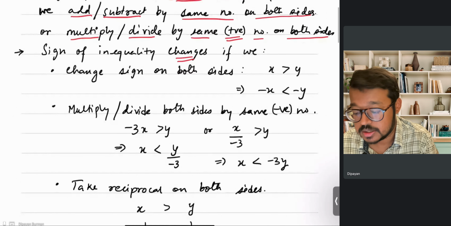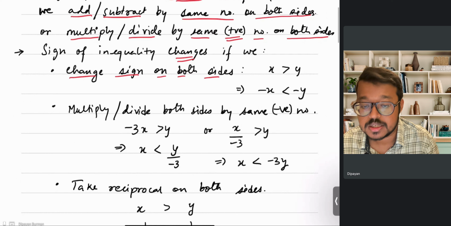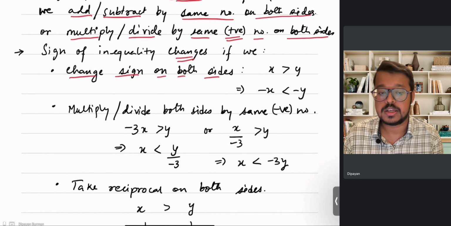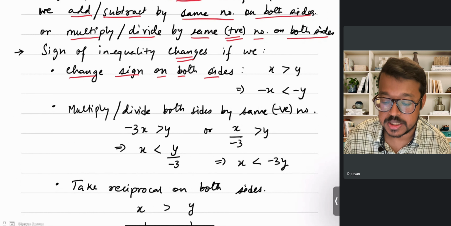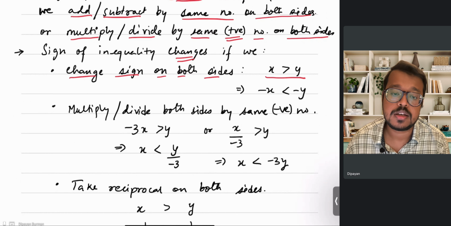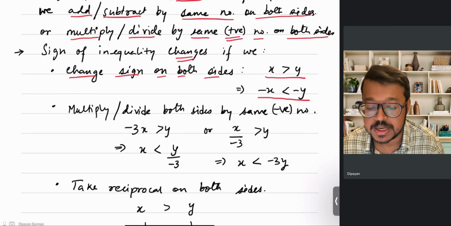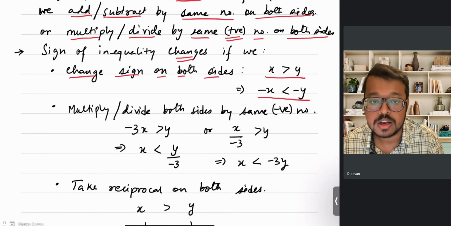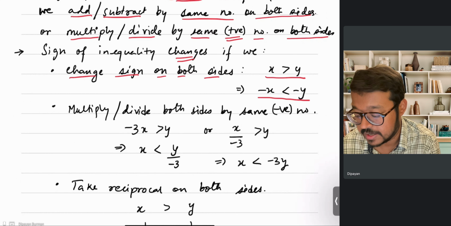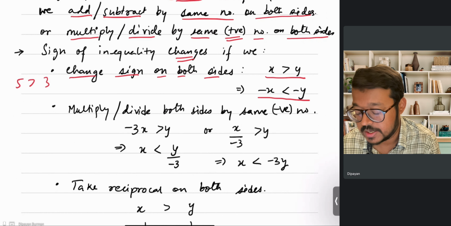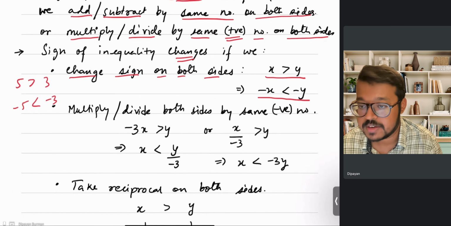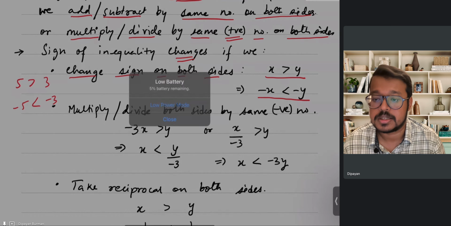But the sign of inequality will change if we do one of these things. If we change the sign on both the sides, for example, if we had an inequality where x was greater than y, and if I change the sign on both the sides, now minus x will be actually less than minus y. For example, if I think of 5 greater than 3, if I change the sign and I have minus 5 and minus 3, minus 5 is actually numerically less than minus 3.